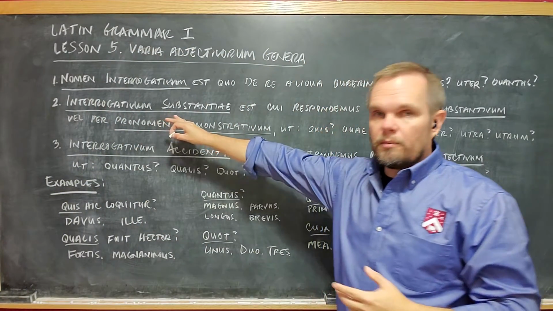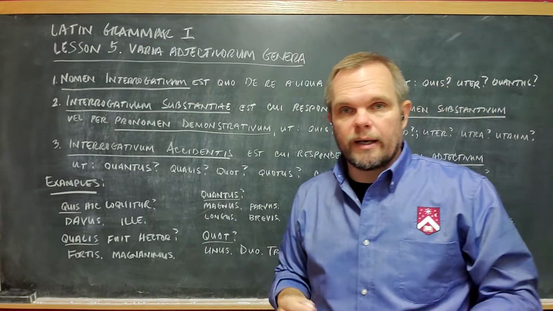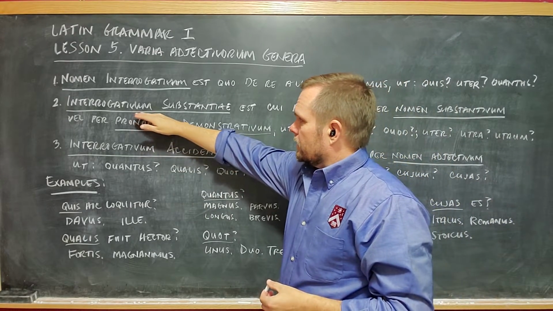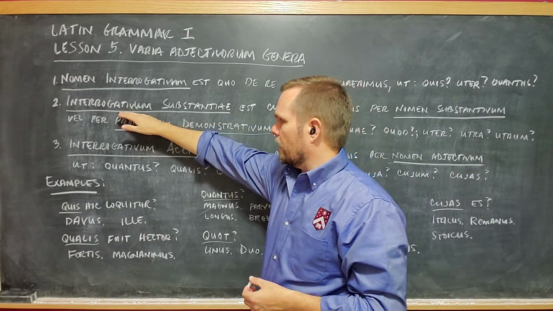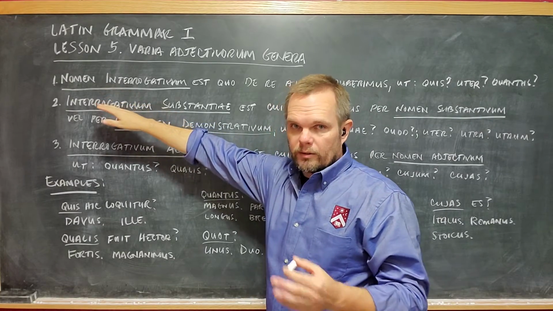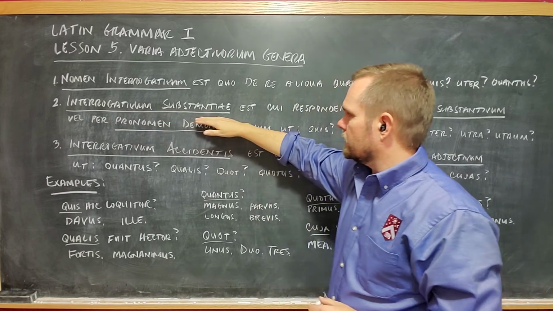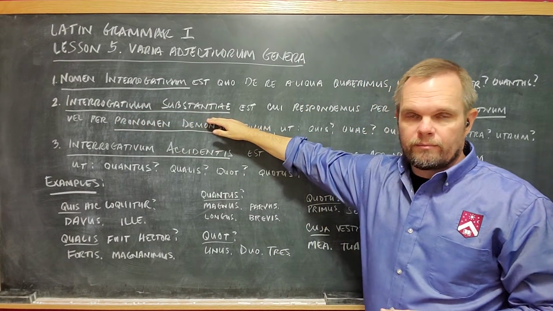So there's an example of what we learned in lesson 4 when we studied adjective nouns. So interrogativum substantiae, an interrogative noun, the word nomen is understood and not expressed. Interrogativum substantiae, an interrogative noun of substance.